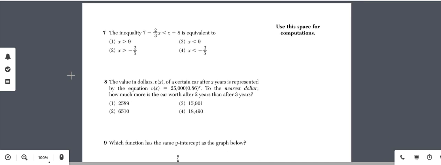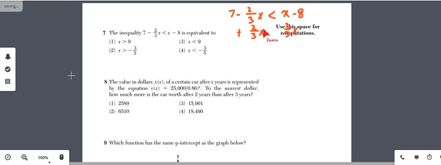Okay, look at the next one. You are given this inequality, which is equivalent to what? Let's take 7 minus 2 by 3x is less than x minus 8. The first step is that my target is to have the variables on the same side. So I am adding 2 by 3x on both sides of the inequality.